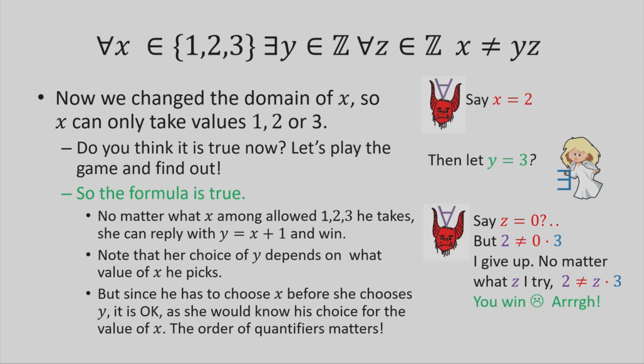The choice of second variable y depends on what x was. The choice of z depends on what x and y were. Every next variable, the choice for it will depend on the values of the previous ones. And here is another example, just like in Everybody Loves Somebody, where the choice of quantifiers really matters.